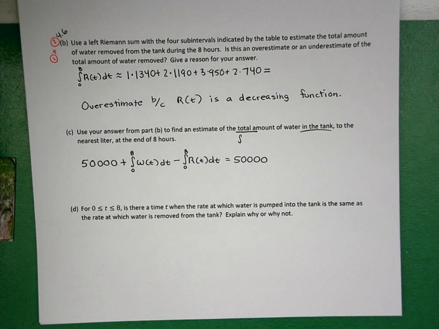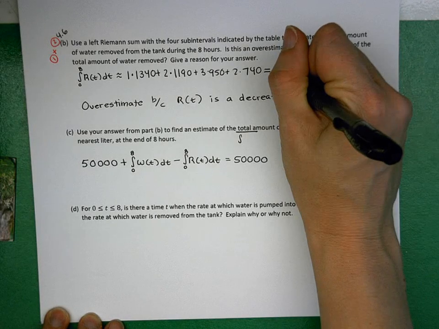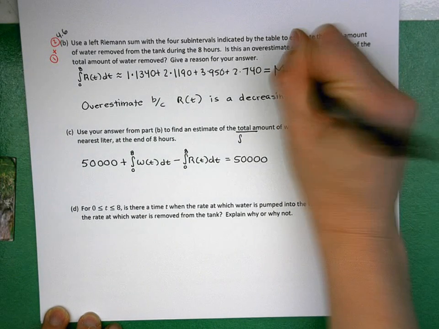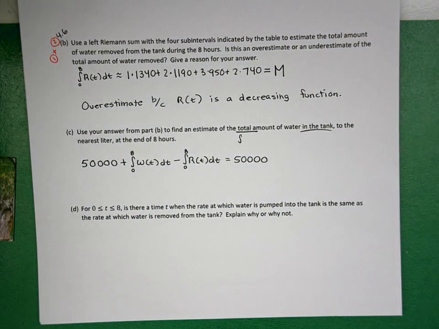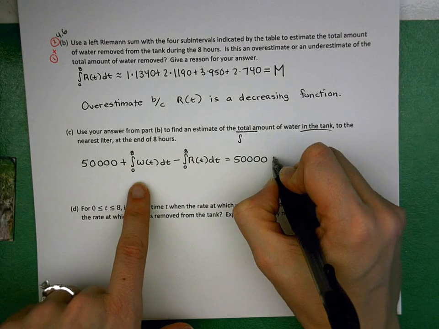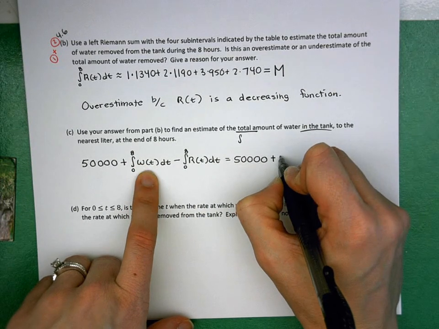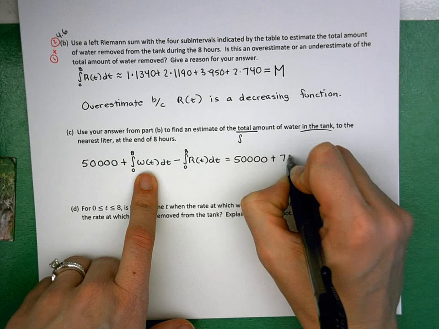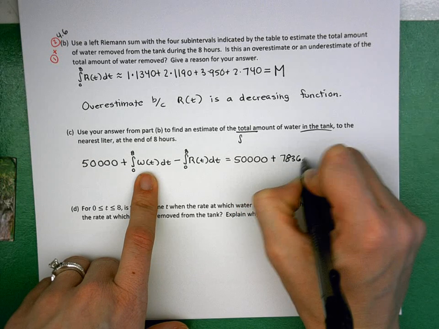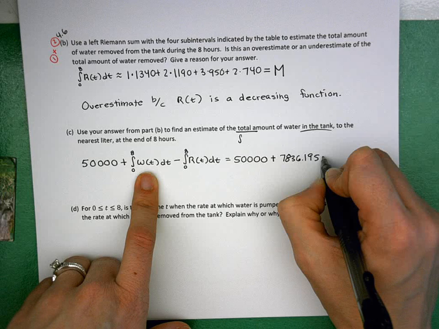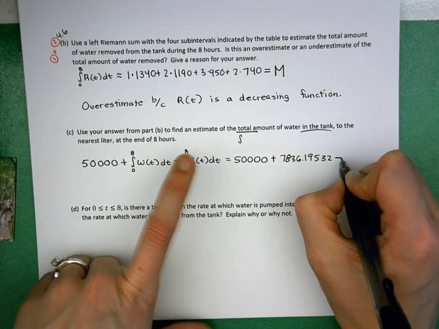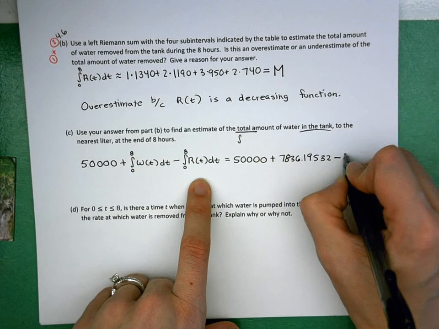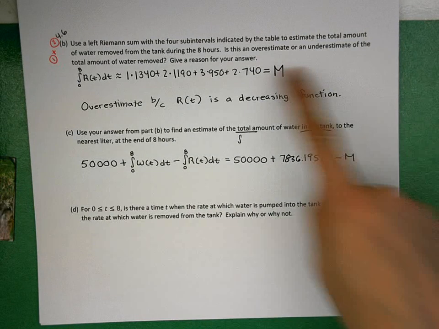And so I always go with ones that are, myself, a little bit more out there, ones that maybe are not as frequently used, like M, for example. Okay, and so then I'm going to write 50,000 plus what I got from my calculator, which is around 7,836.19532, and then minus M, so that I don't have to rewrite all of that, and because, like I said, I would not take the time to plug this in and get the 8050 that it equals.